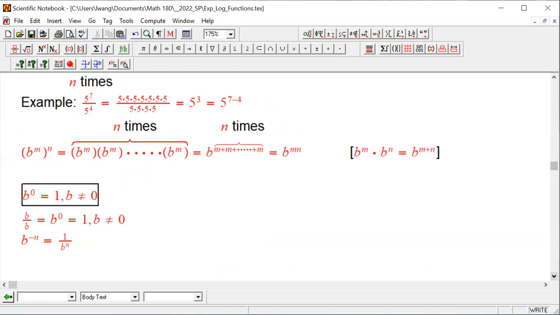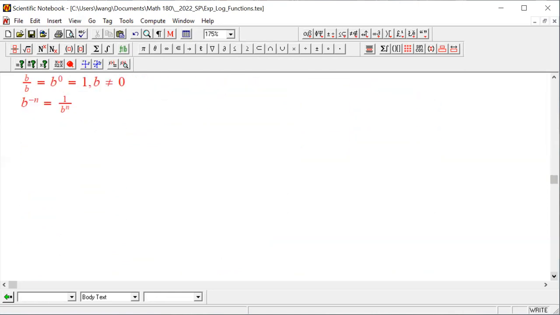Okay, for example, with this piece, suppose I choose b to be 2 and n to be 1. b is 2. What do you get? You get 1/2, right? So 2 to the power negative 1 is one half.